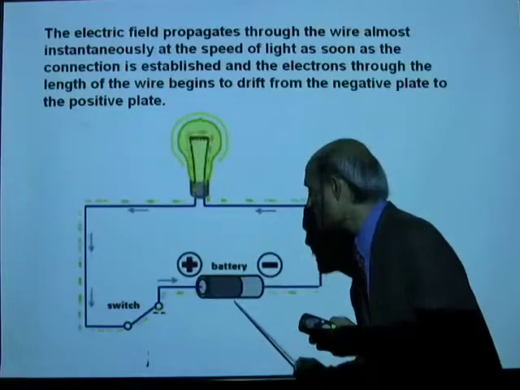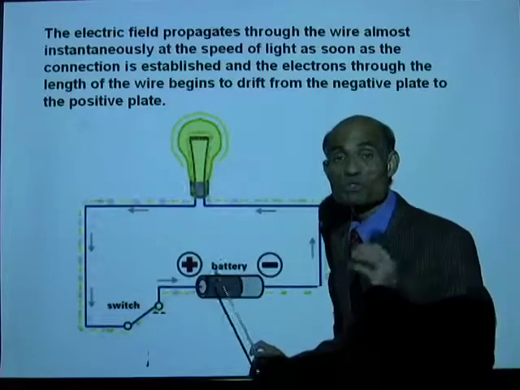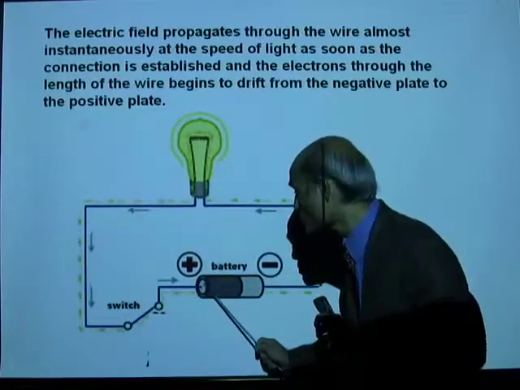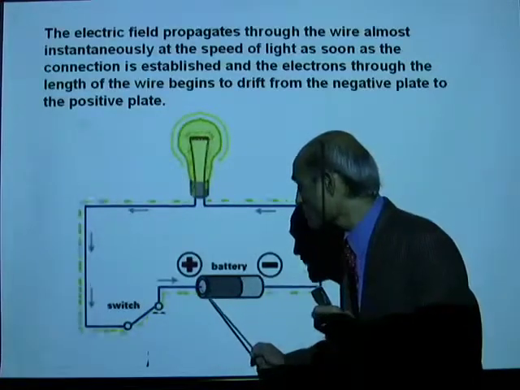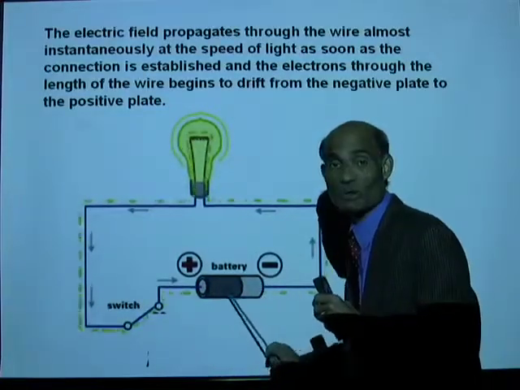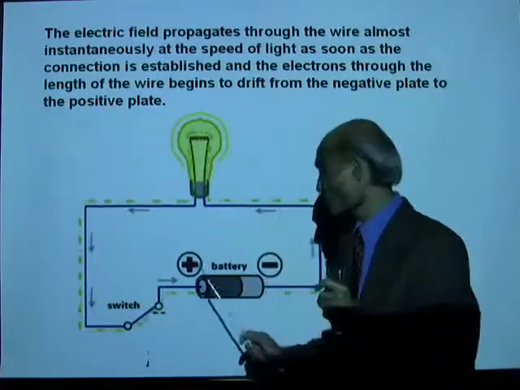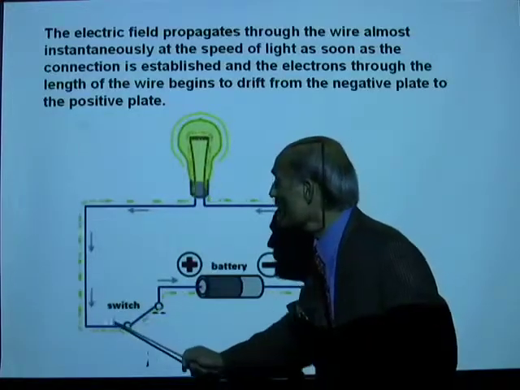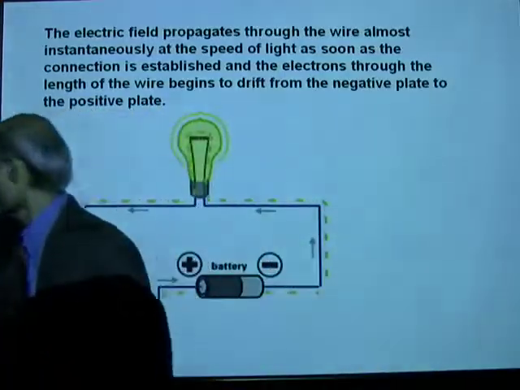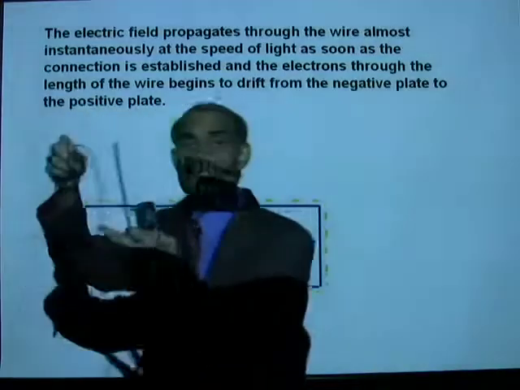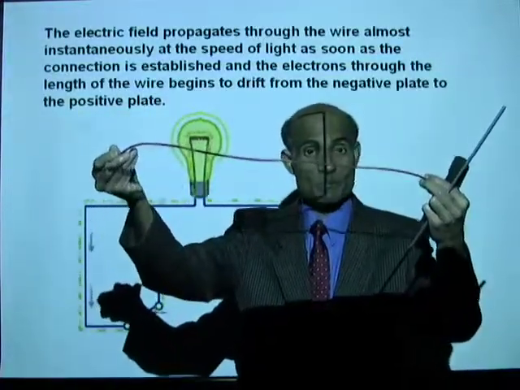So what does the battery do in an electrical circuit? A battery produces a potential difference between two electrodes. So this battery has a positive electrode and a negative electrode. There is a potential difference between the positive and the negative electrode. And you establish an external connection by means of a conducting wire. In fact, the one I used is a conducting wire like this. This is a good conducting wire made of copper.